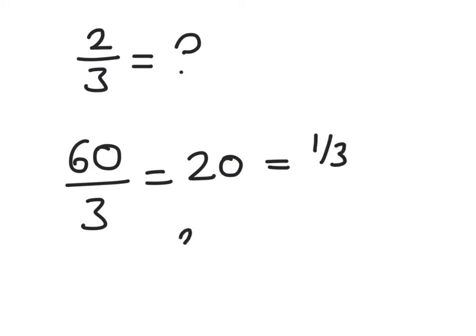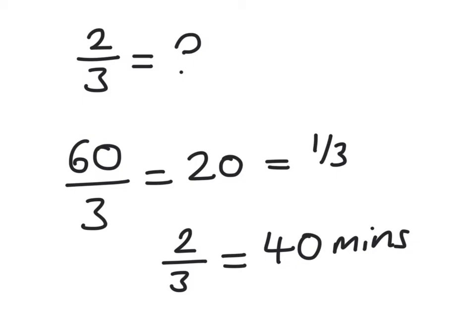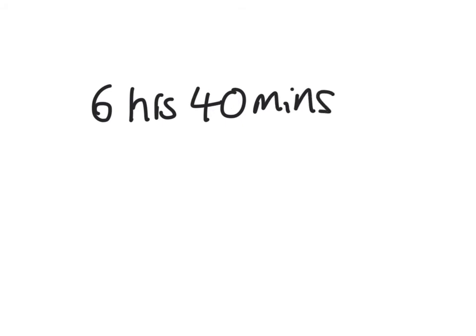So therefore, 2/3 of 60 must be 2 lots of 20, which would give us 40 minutes. We can then write out our complete answer in full, which is 6 hours and 40 minutes, which is the time it would take to complete that infusion.